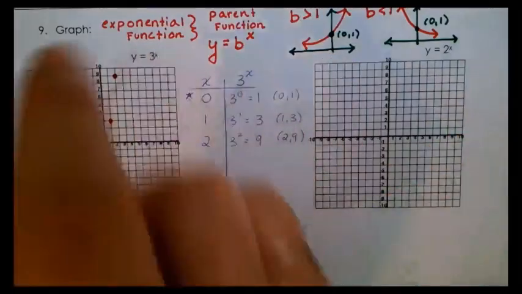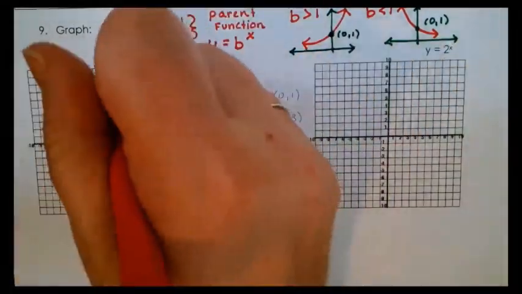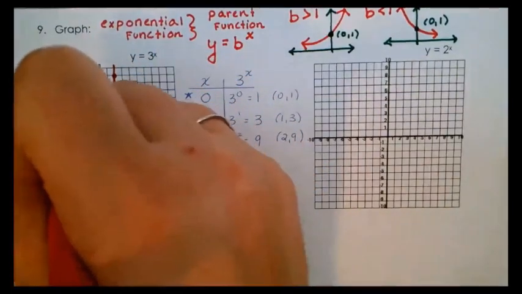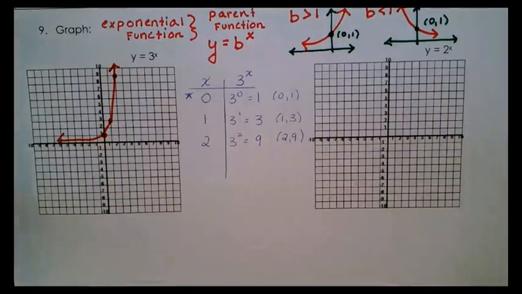And just like our parent function, with a base larger than 1, like we wrote our notes for, we're going to create a nice smooth curve. And there we go. There's our graph.